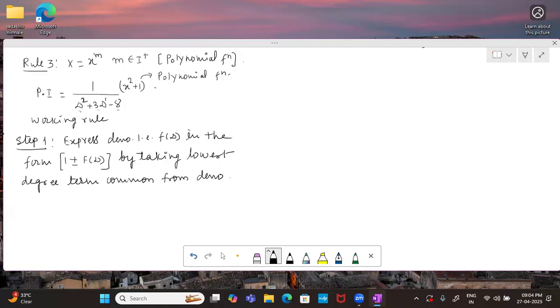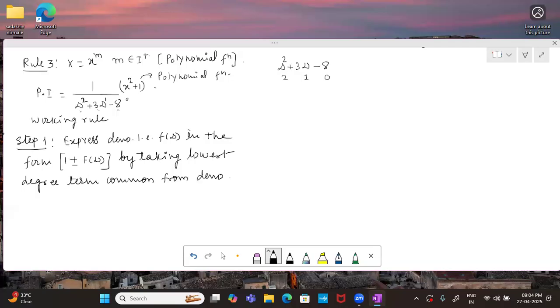And in the last term there is no d, power of d will be 0. So d square plus 3d minus 8: the first is a second degree term, then first degree term, and 0 degree term. So which is the lowest degree term here? Either d square or 3d or minus 8.